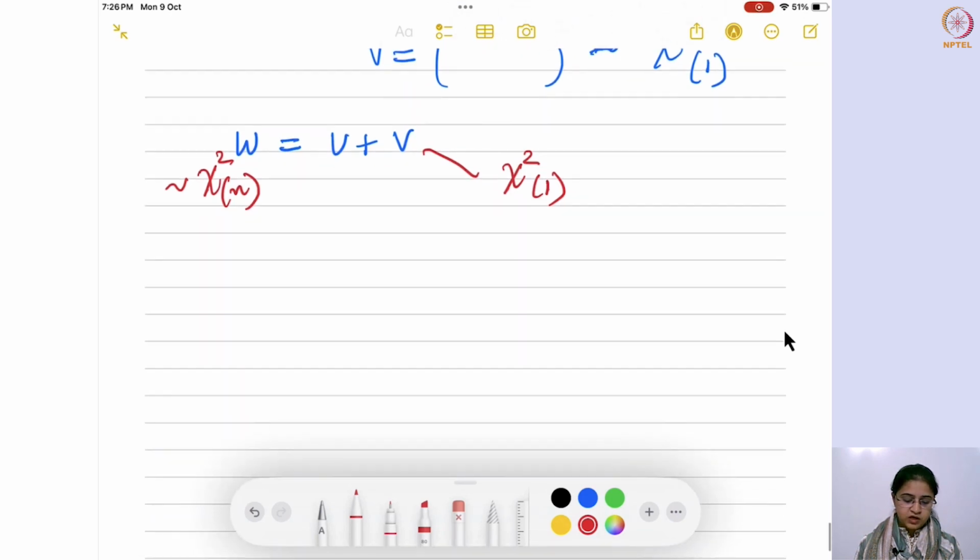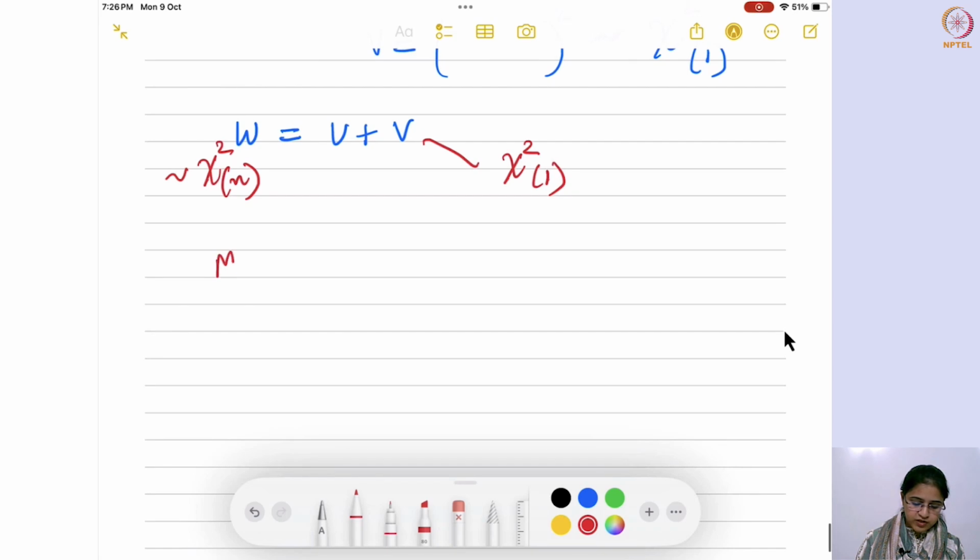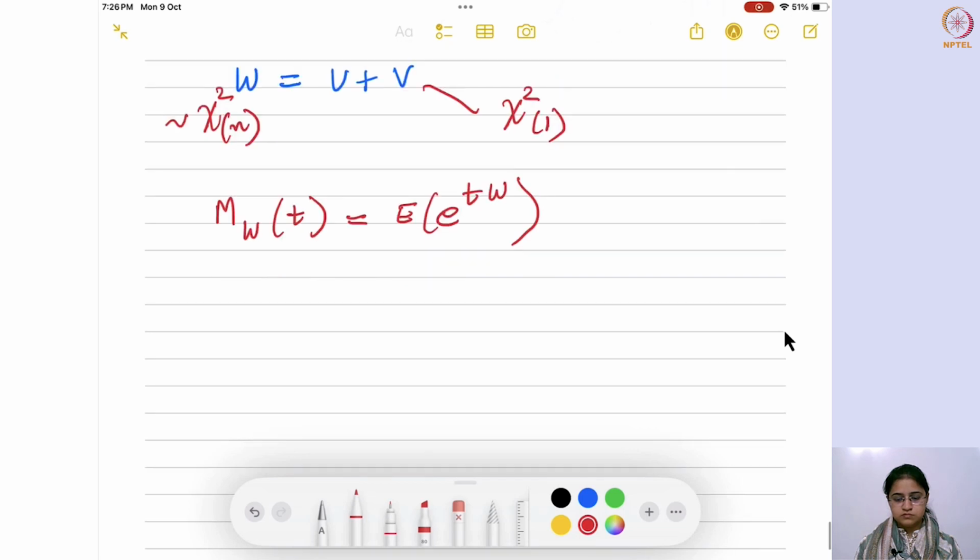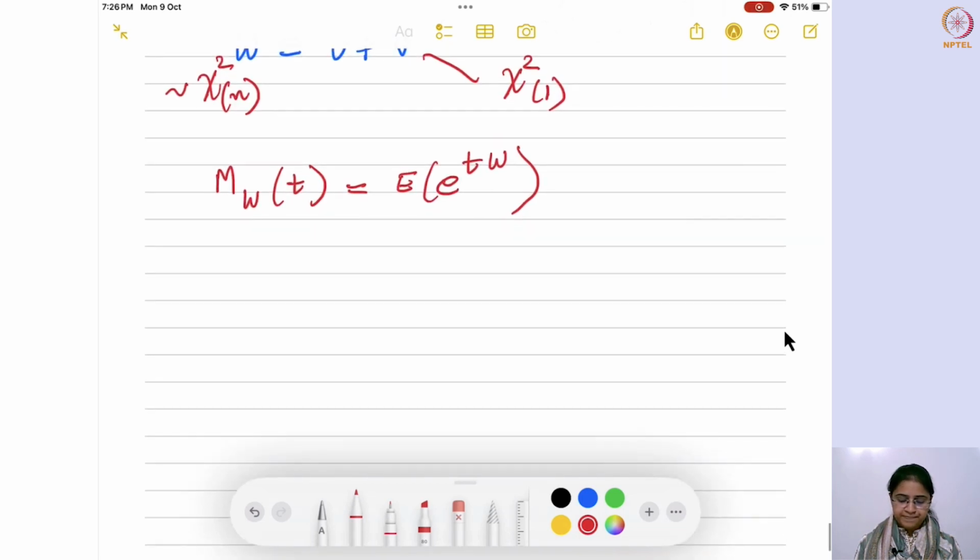So if you use the MGF technique over here, the moment generating function of W at t would be the expected value of e raised to the power tW. What is W?